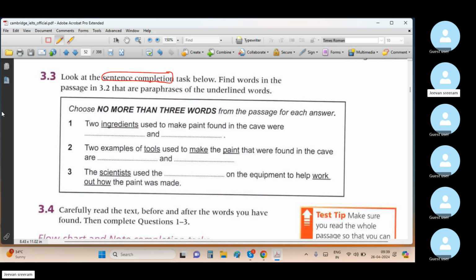Guys, bone and charcoal, sir. Correct. Finally, a student answered.